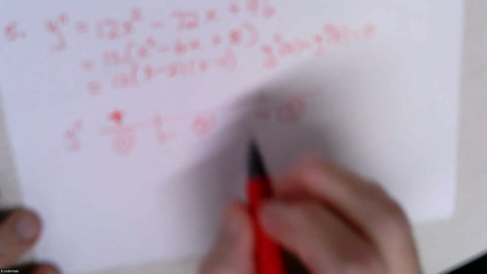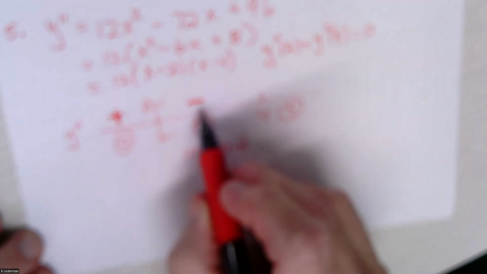Now let's try 3. For 3, I have 12 times 3 minus 2 times 3 minus 4, which is negative 12, which is negative. So this is a point of inflection because it changes concavity. It goes from concave up to concave down. So 2 is a point of inflection.